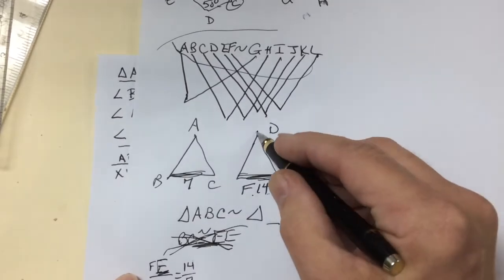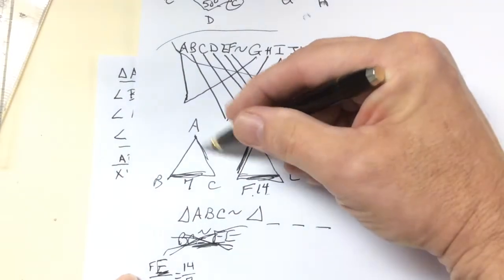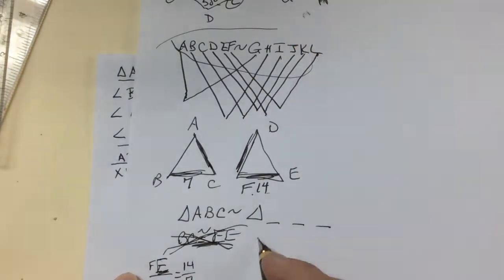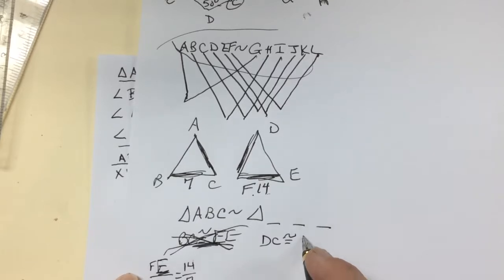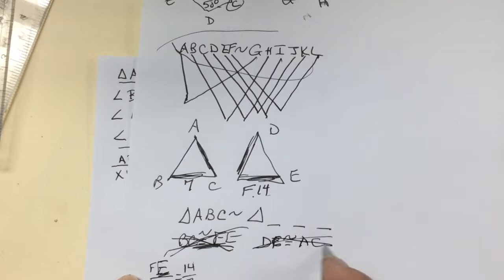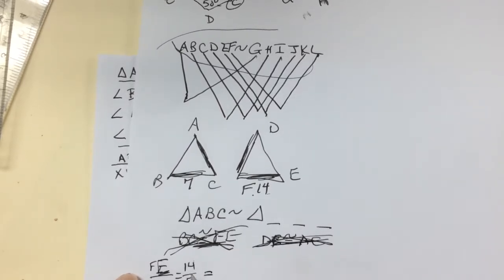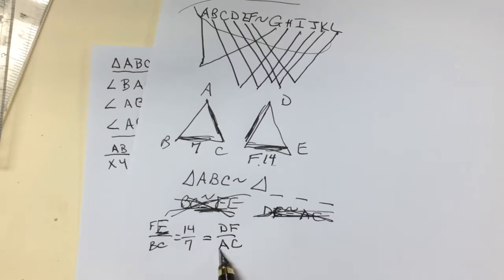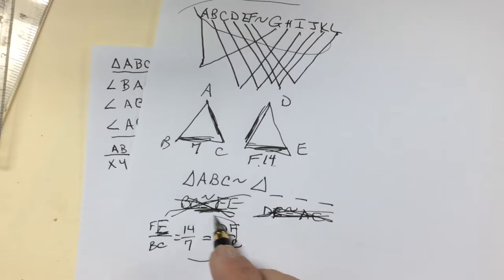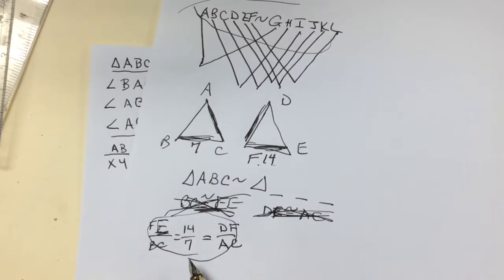And if it turns out that DF and AC are the ones that go together, it's not that DF is going to be congruent to AC. That's just not right. But what it does mean is that DF and AC are going to make a ratio with the same number. They're a proportion. They're equal. This is what you have to write. Okay?